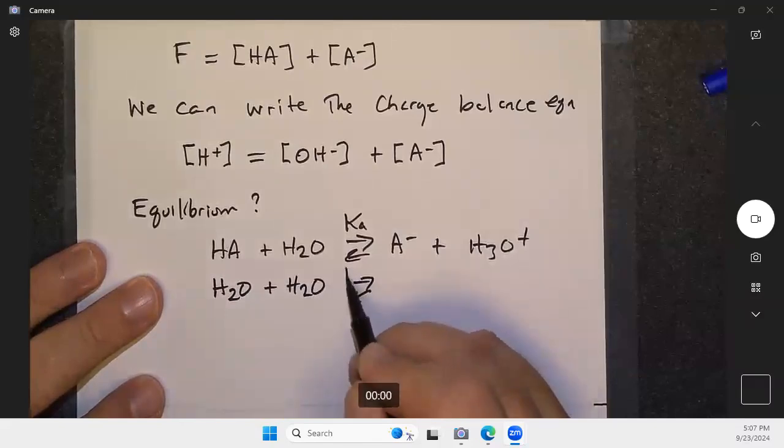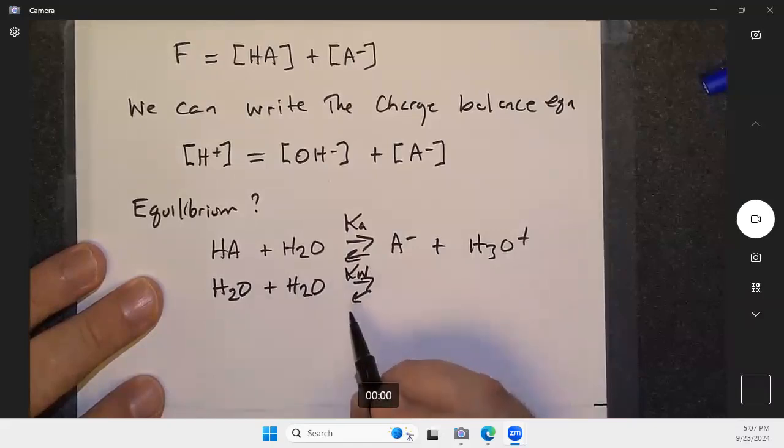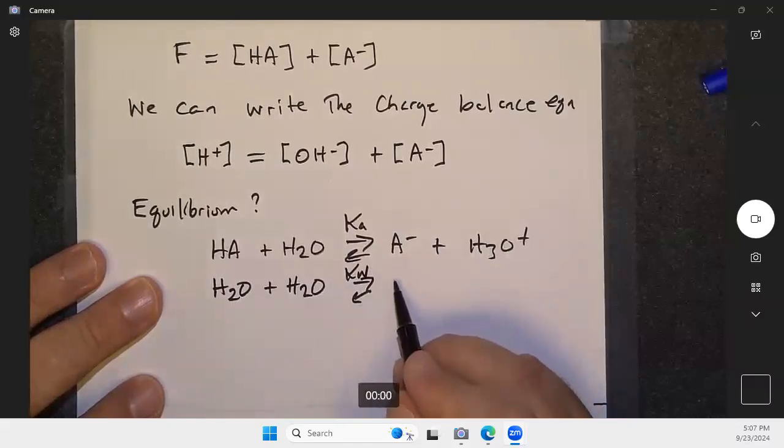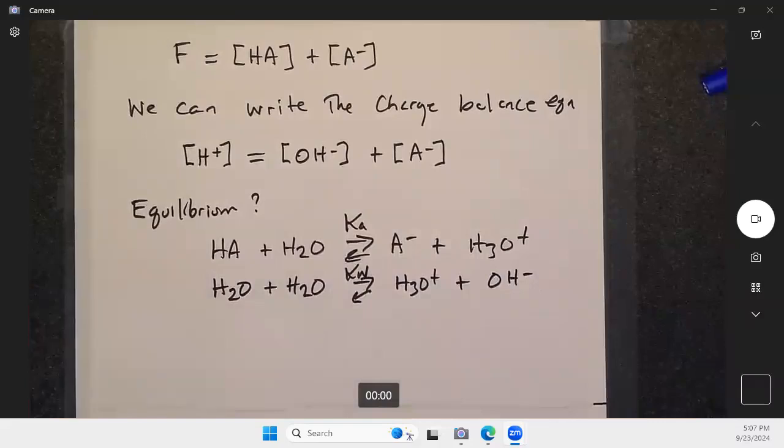I'll write it with two waters, and a proton transfers over to one of the waters, leaving H3O plus and OH minus. I wrote two waters just to keep it consistent with the hydronium ion in the equilibrium reaction.